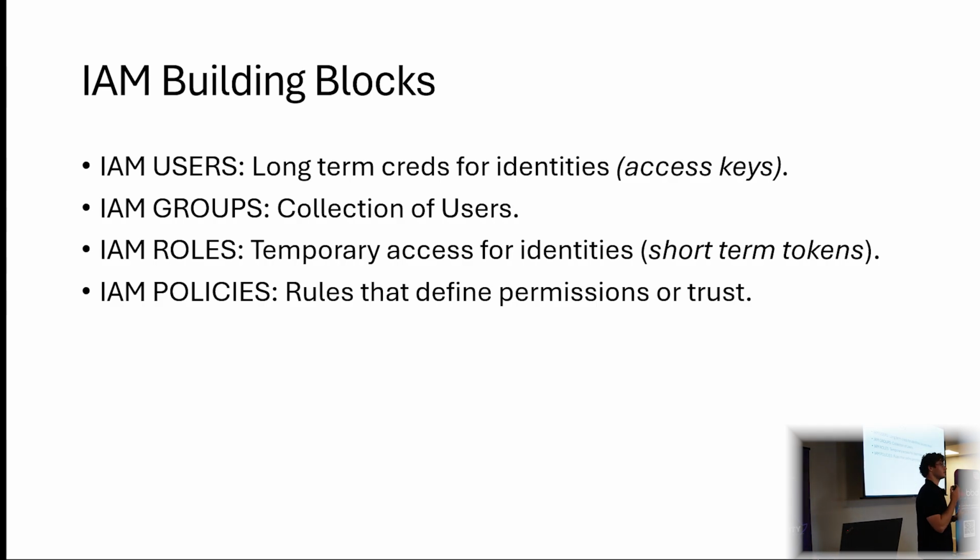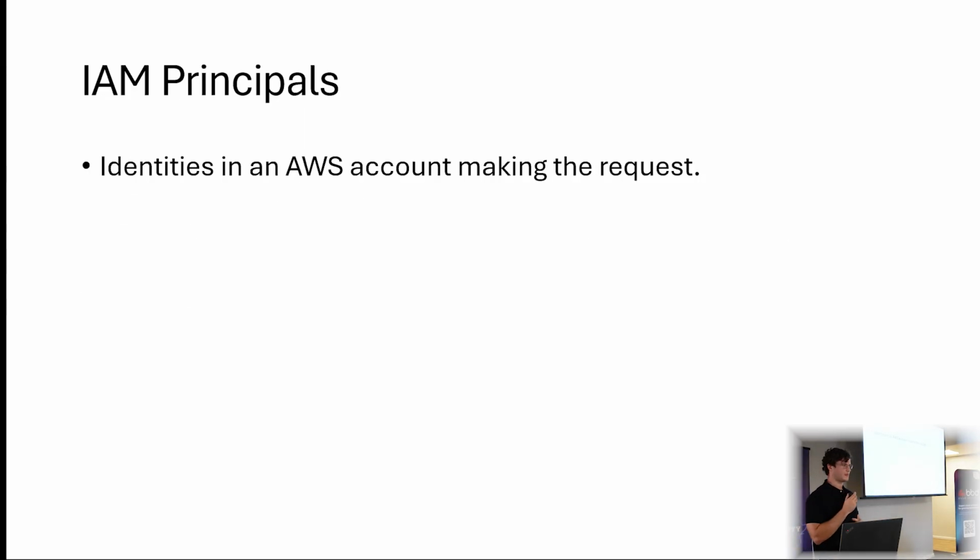And then IAM policies, that's the JSON files that you see in AWS, saying who, what, where, and why, under what conditions. All right. Then just a quick note, IAM principal is the thing making the call, right? So this is usually a thing like a user or role making the call in AWS.